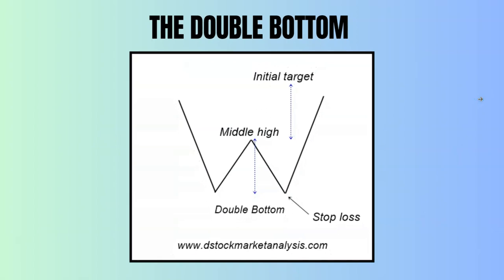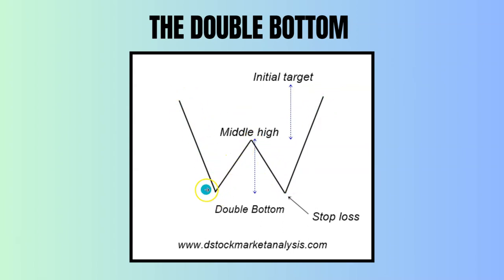So now we're going to look at our first bullish chart reversal pattern. It's called the double bottom chart pattern. Now, the double bottom chart pattern is a chart pattern that looks exactly like a W. You see a W. That's why we call it a double bottom. You know why?